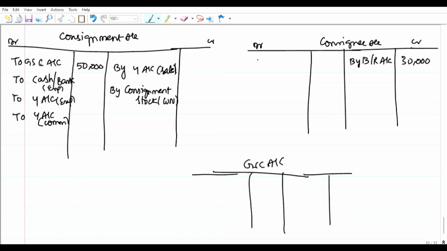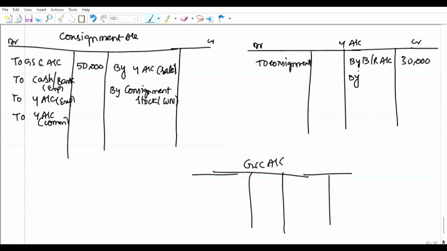Next is what? By consignment, this is for expenses incurred, and by consignment, this is what we can say as commission.